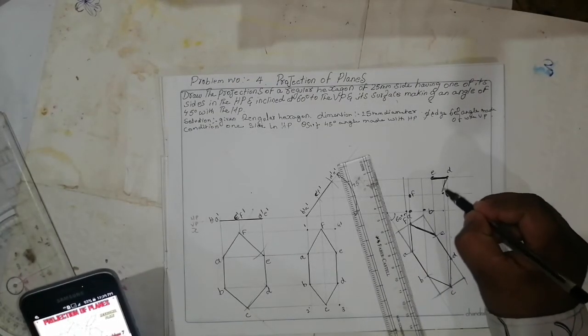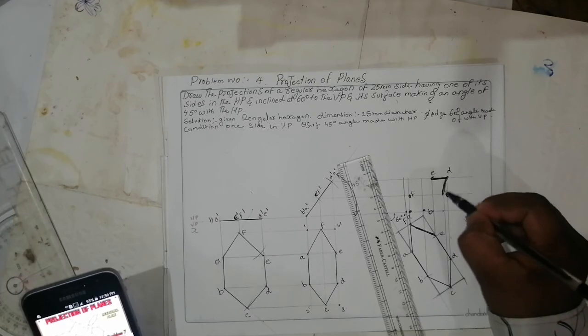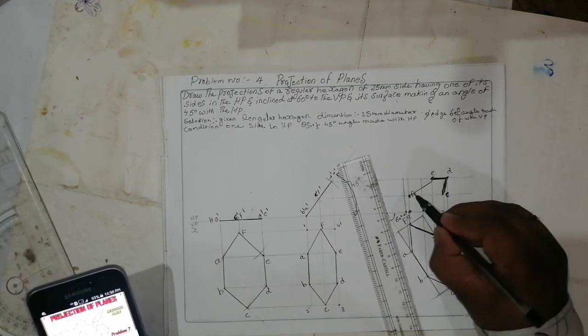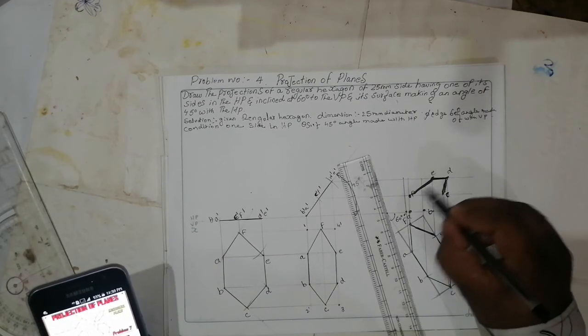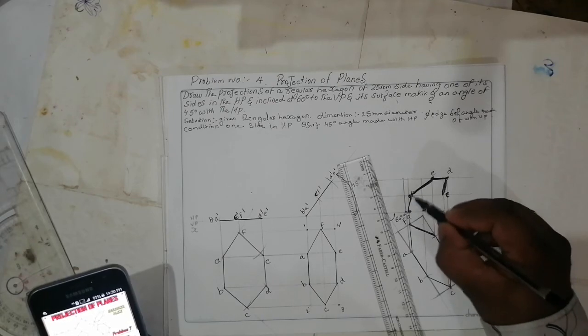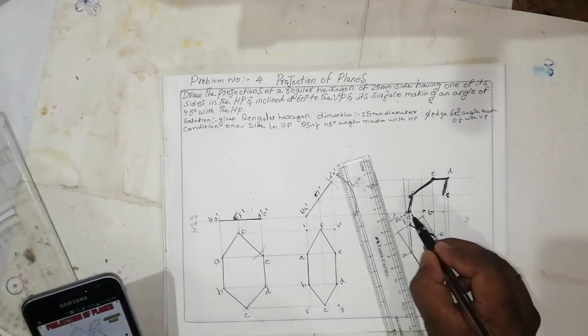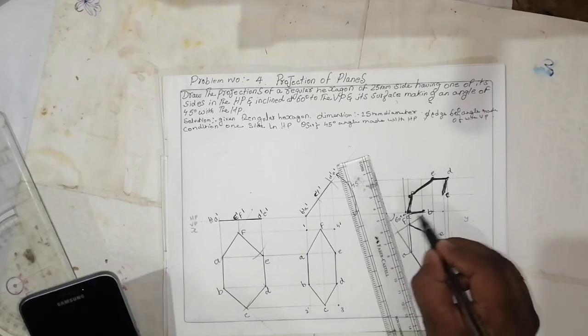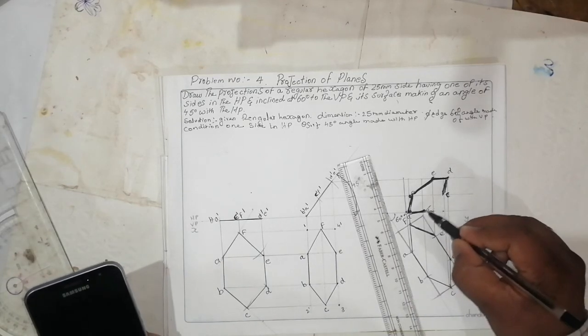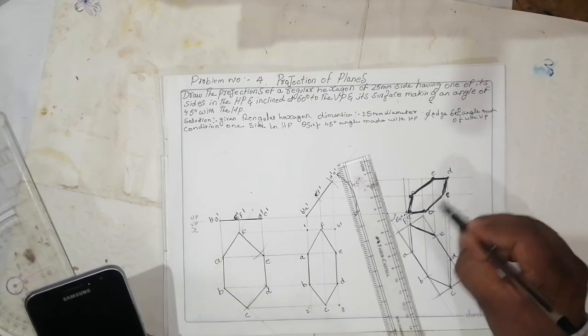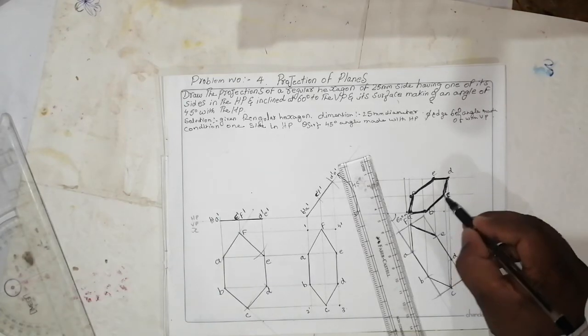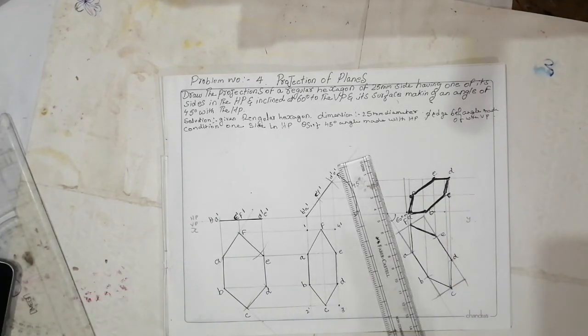From E like this, and F like this, A like this, B like this, then it's going to be here. So it is going to come like this.